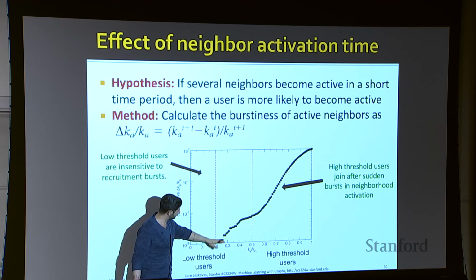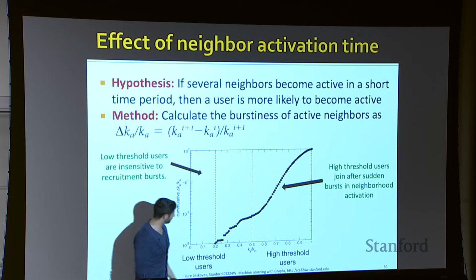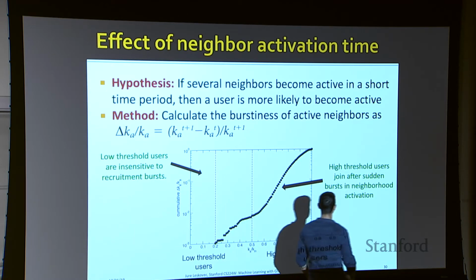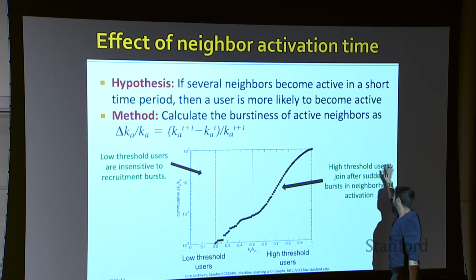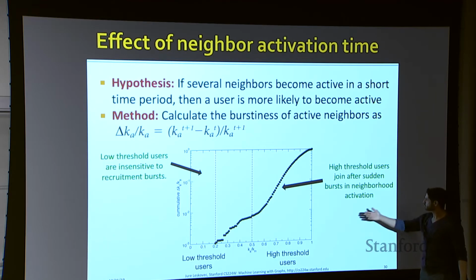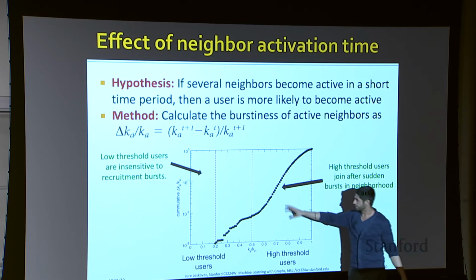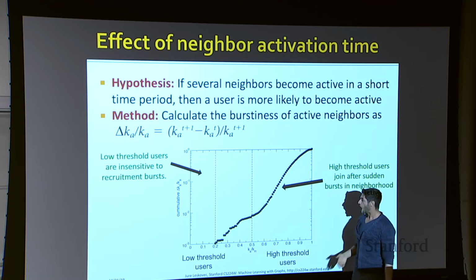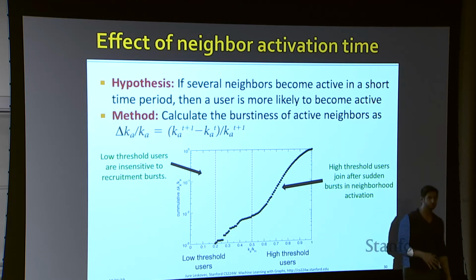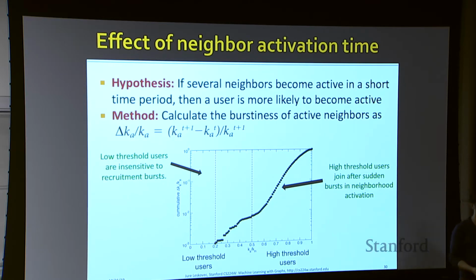These are the people that don't require that kind of burstiness for the recruitment. And then on this side, we find all the high threshold users that are joining after there is a sudden burst of activity in the network, okay? So yet another interesting factor, which is not only how many of your neighbors have to be active, but also how quickly this has to happen in order for you to pay attention to it, okay?